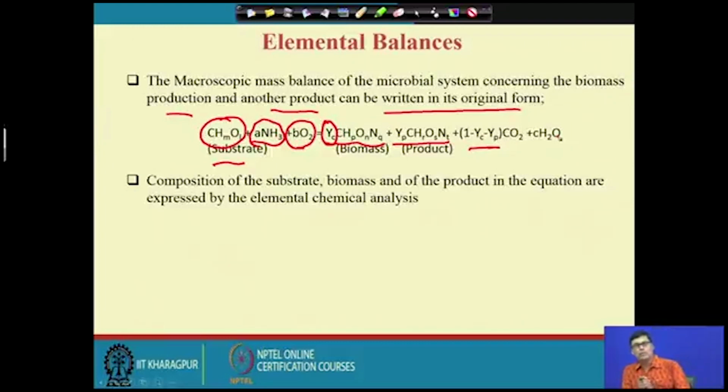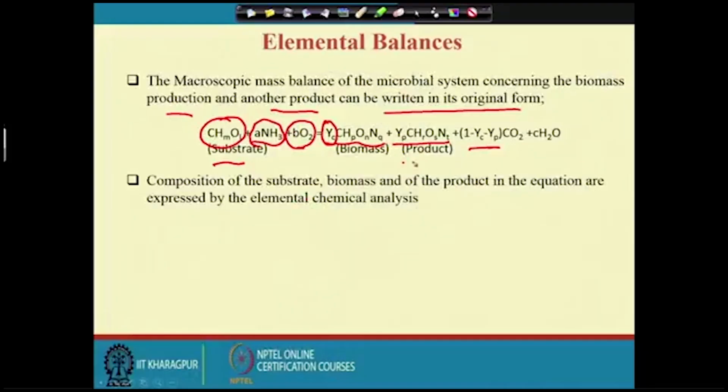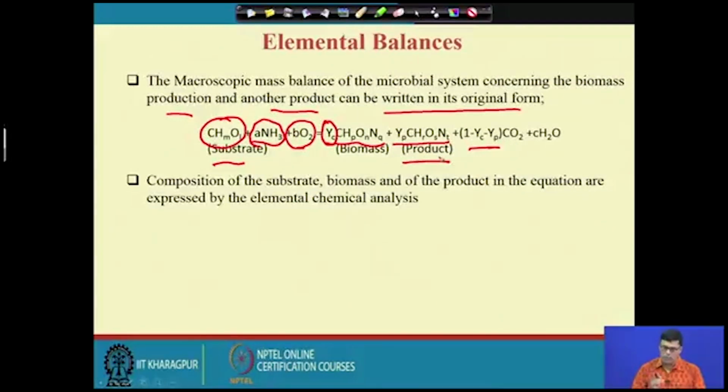Suppose we want to produce biomass. Then we can ignore the product formation. But if we want to produce a product, as for example in ethanol, citric acid or penicillin fermentation, then we can ignore the biomass formation.